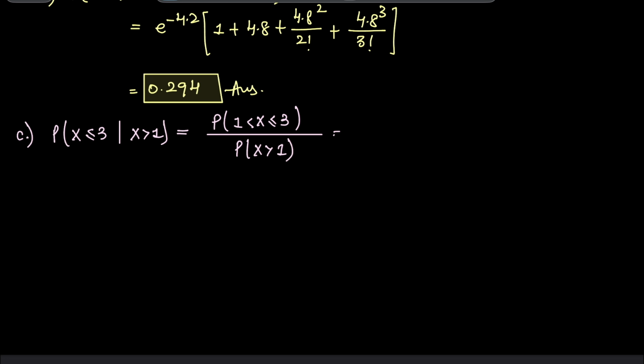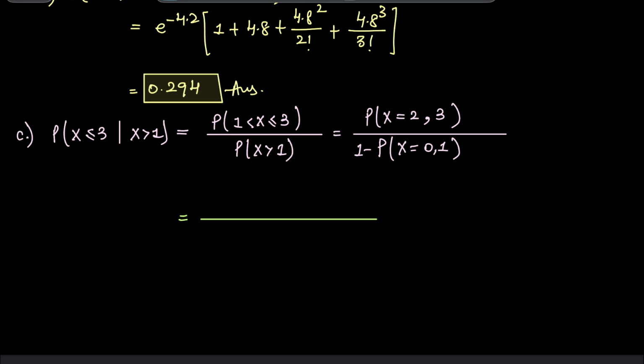So solving this, we will write the probability of x equals 2, 3, and in the denominator I will write the probability of x greater than 1 is 1 minus the probability of x equals 0, 1. That's it. So I will subtract the probability of 0 and 1 out of 1 so that we can get the probability of x greater than 1. Okay, so let's solve this by writing an expression for it. I will write e raised to the power minus 4.8 as common.